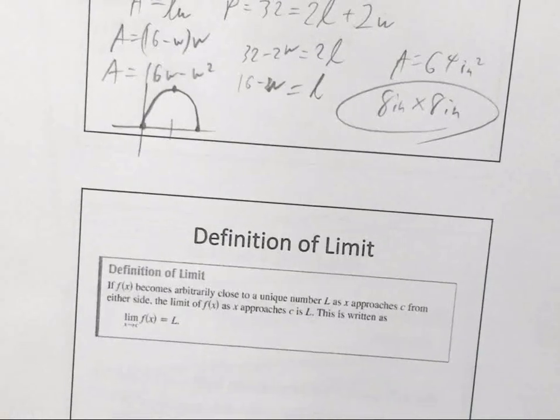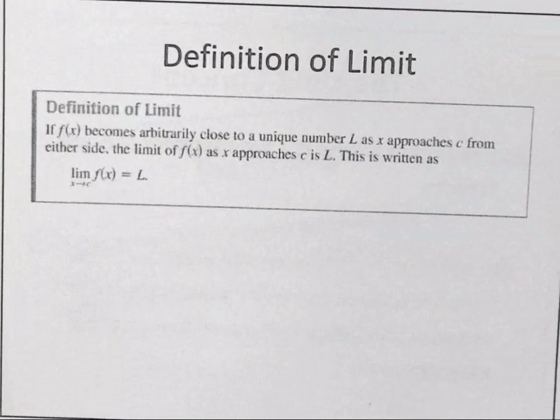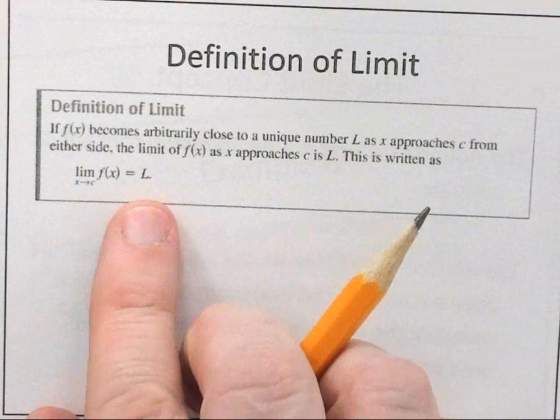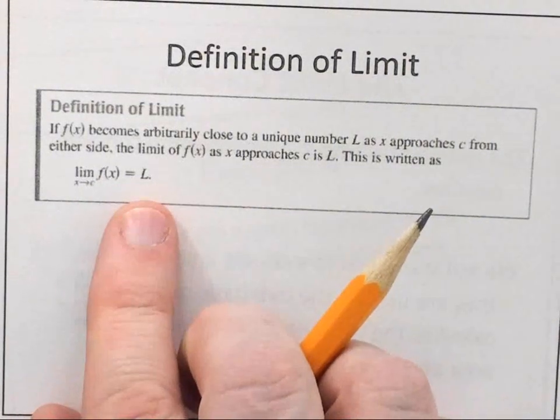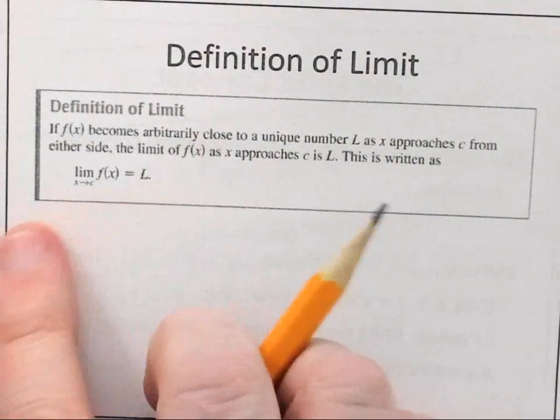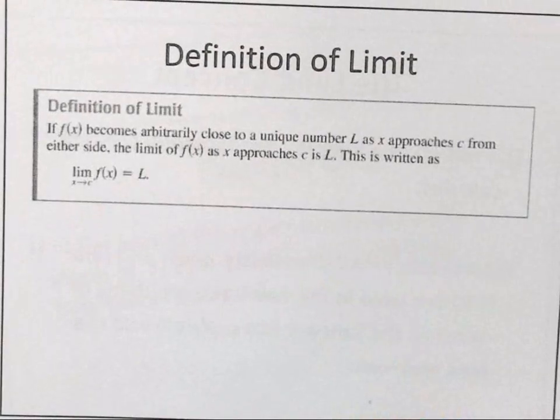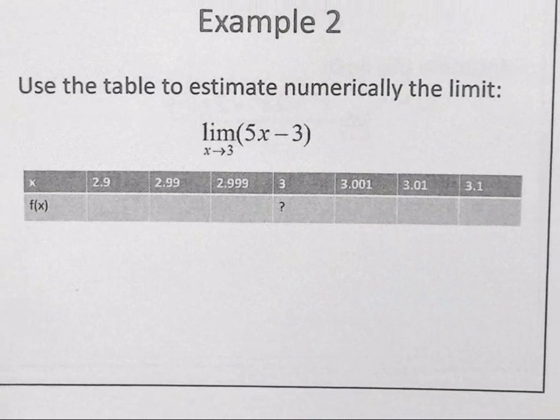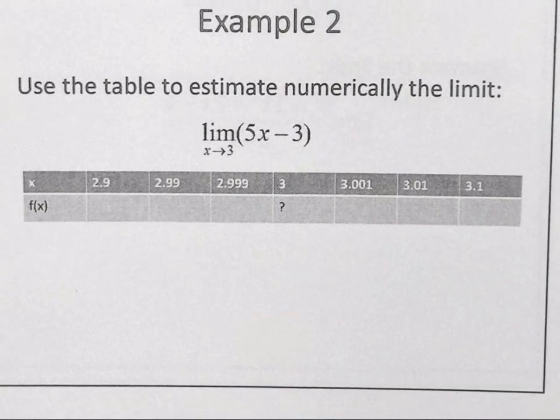Okay? So, definition of limit, going back to the symbol for limits we've used before. The limit as x approaches c of some function is going to be equal to some number. Okay? So generalizing it out. So if I have a problem written like this, I want to use the table function on the calculator to estimate what the limit is.